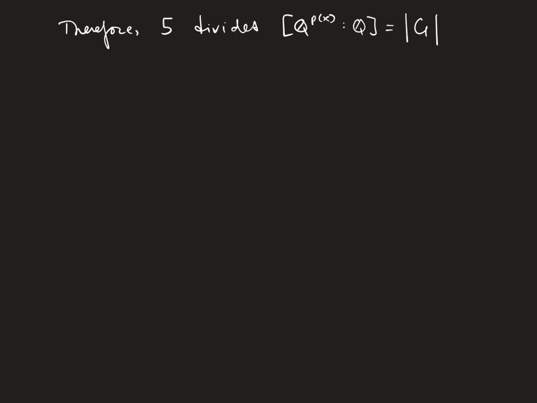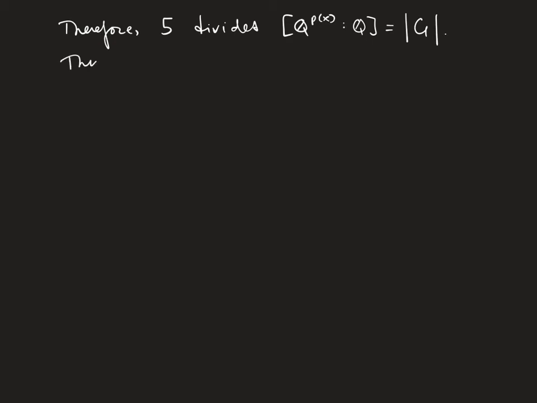And that is from a proposition, I didn't write down the number, but it's from a proposition where we talked about the dimensions of our vector spaces and how they relate to the size of our Galois groups. This is probably chapter 14 where we were counting automorphisms. And this is why we're excited.